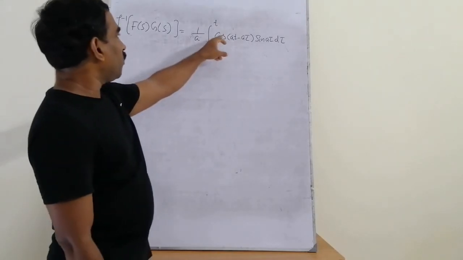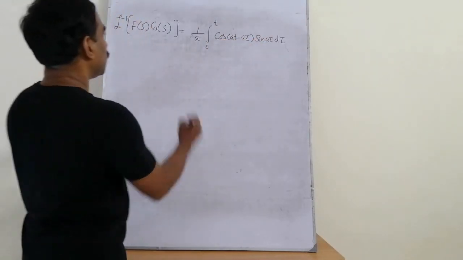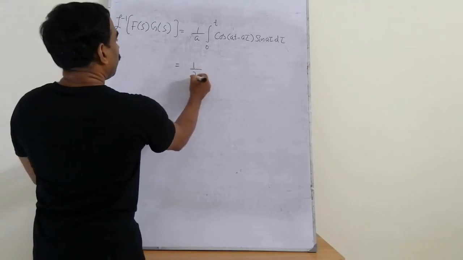And this expression is of the form cos A sin B. And what is cos A sin B? It is 1 by 2 into sin(A plus B) minus sin(A minus B).